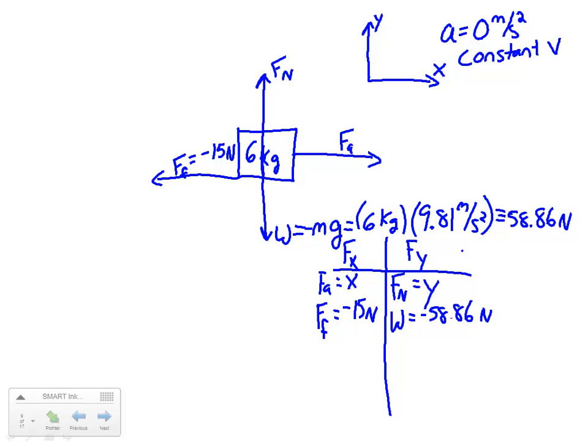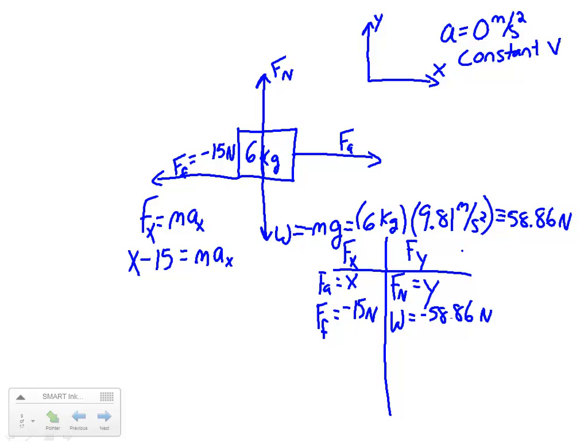Now, use the second law to sum up and solve the problem. I know that in each direction I can do this. For instance, in the x direction, F in the x equals mass times acceleration in the x. F in the x is going to be x minus 15 equals max.